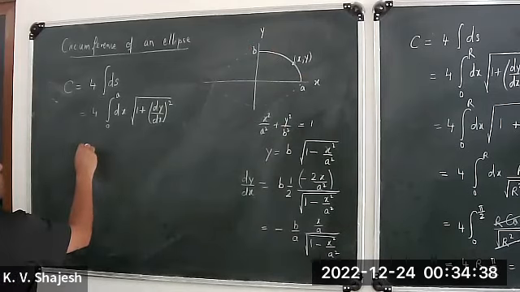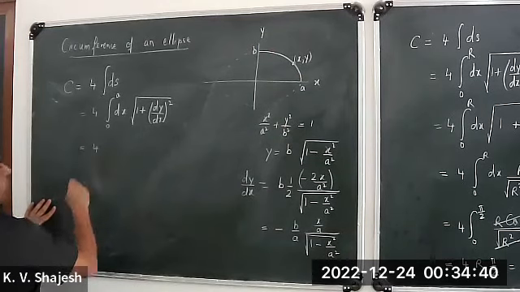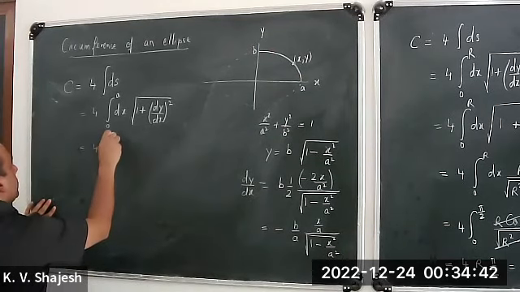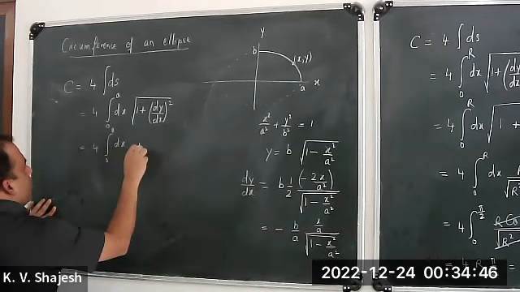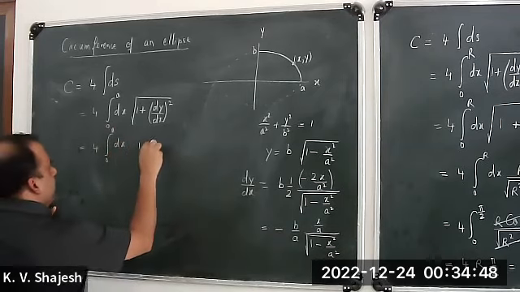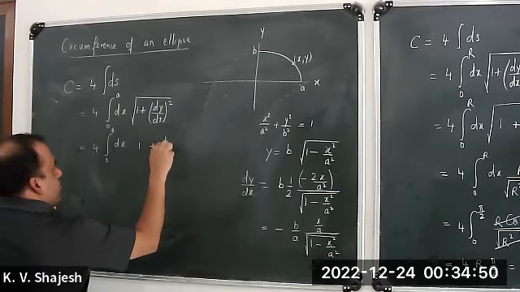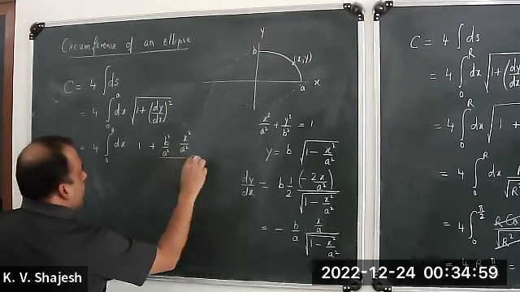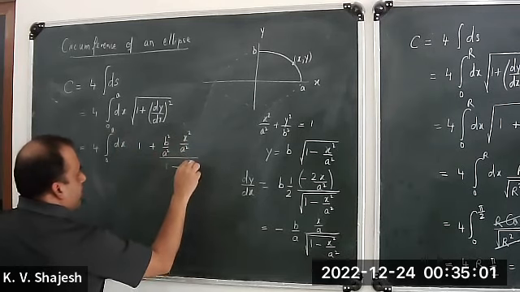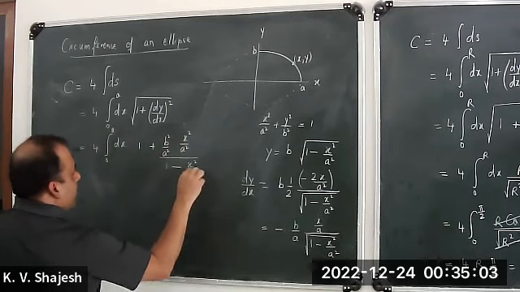So this is equal to 4 times the integral from 0 to a of dx times the square root of 1. I'm squaring this, so it is plus b square over a square, and then there is x square over a square divided by 1 minus x square over a square, right?